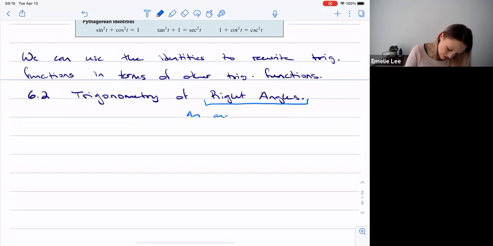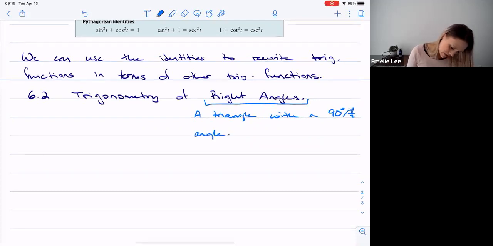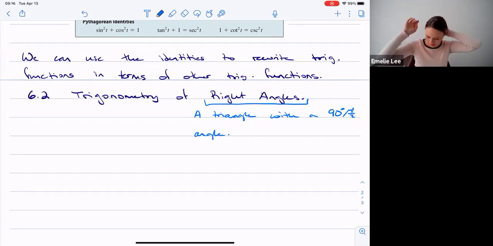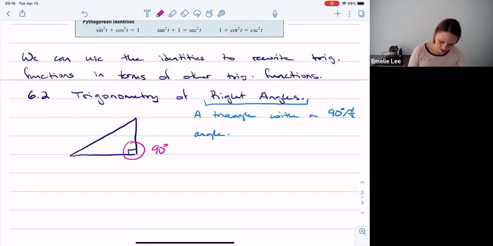A triangle with a 90-degree, or pi over 2, angle is what we're going to focus on, right? Here is how we draw it: if you have something like this, then that little square says that this is a 90-degree or pi over 2 angle.